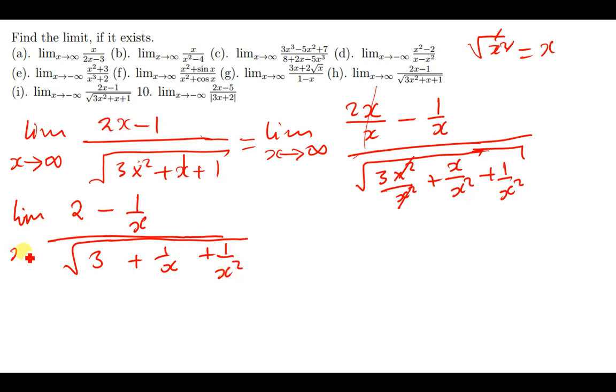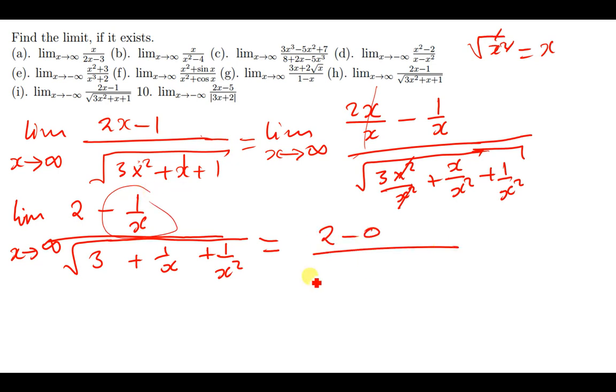Then as x is approaching positive infinity, we can distribute the limit to all the terms there. So what we're going to remain with is, the limit of 2 when x is approaching infinity will give us 2. The limit of this part when x is approaching infinity will give us a 0.